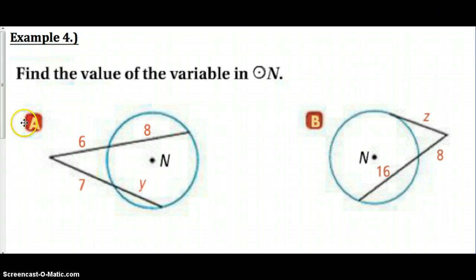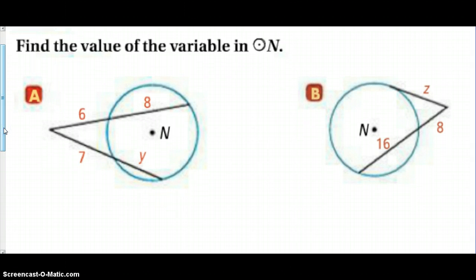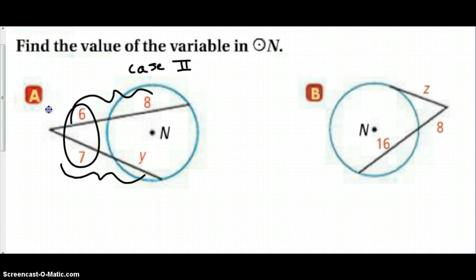So if we want to find the value of the variable in each case, and I'm running short on time, I should have only about enough time to do maybe two of these. If we look, this is going to be a situation where we have two secants, so that's going to be case 2. And so what I know is that the length of the secant times its outer segment, when I multiply those, they'll be equal to each other.